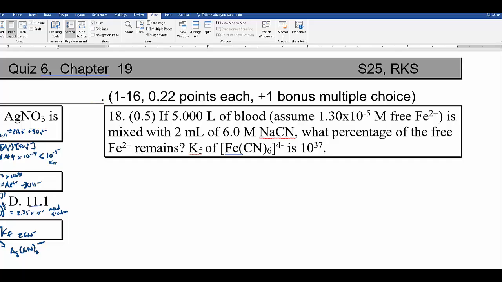It's mixed with 2 milliliters of 6.0 molar sodium cyanide. What percentage of the free iron 2 plus remains? We've got to assume that the hemoglobin free iron equilibrium is not shifted. Otherwise, it's a simultaneous problem. And so we'll just say it's fixed. So we're going to assume it's this amount of fixed free iron.